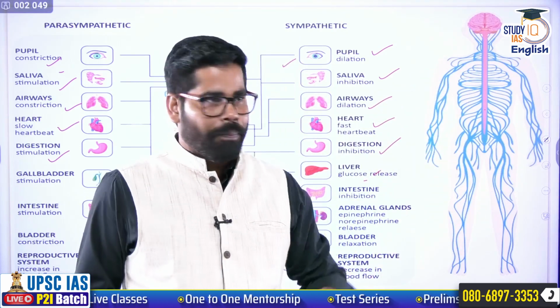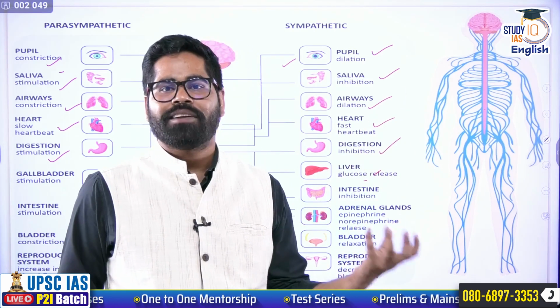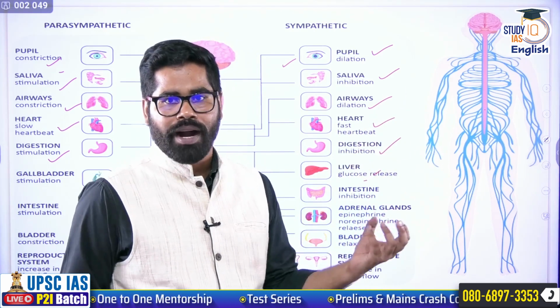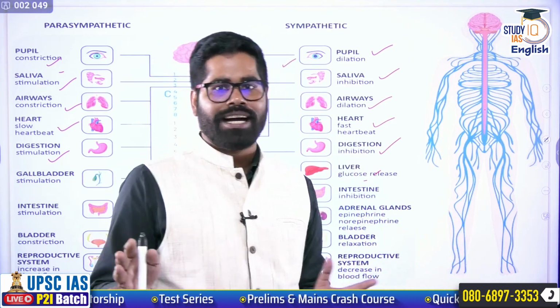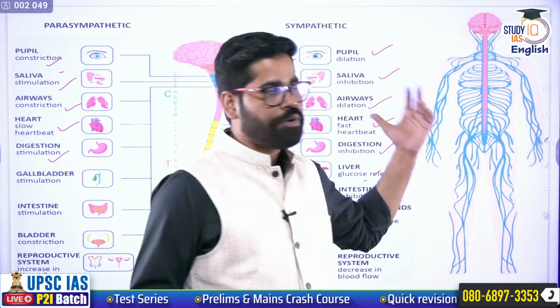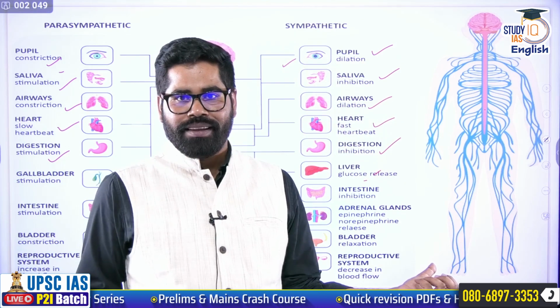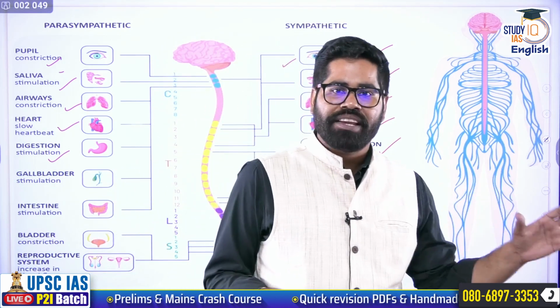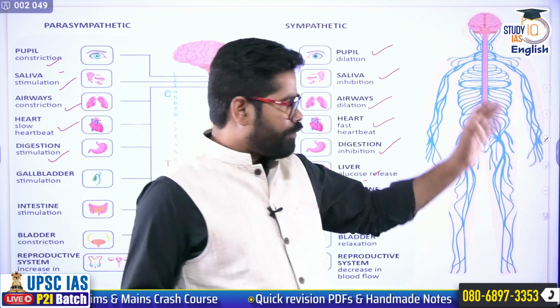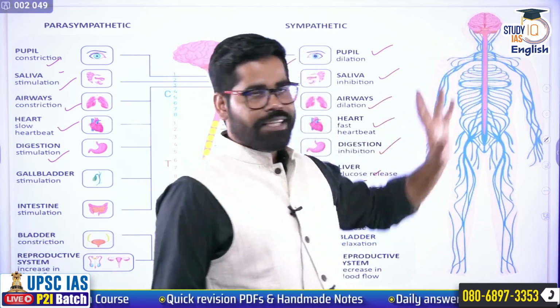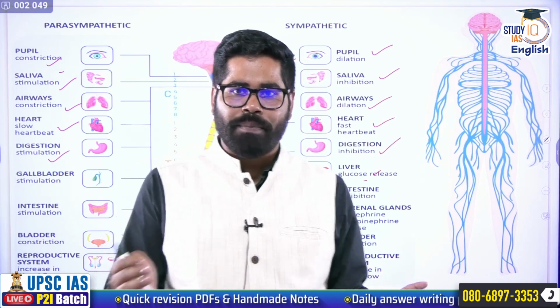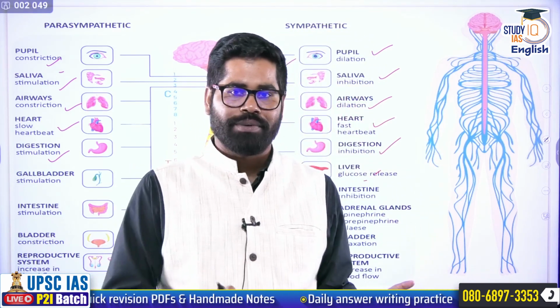All other related aspects, like the nerves distributed throughout the body, are called the peripheral nervous system. So whatever nervous tissues or nervous cells are outside the brain and the spinal cord are considered part of the peripheral nervous system.